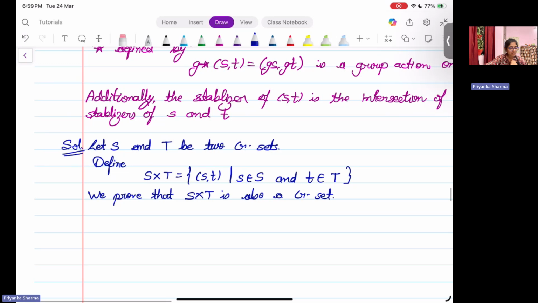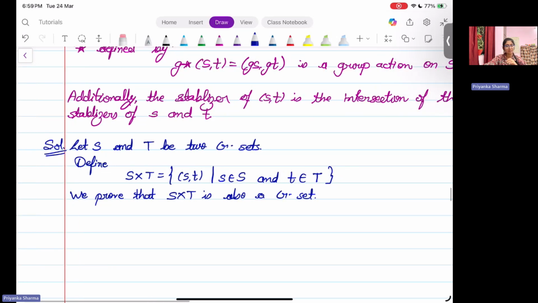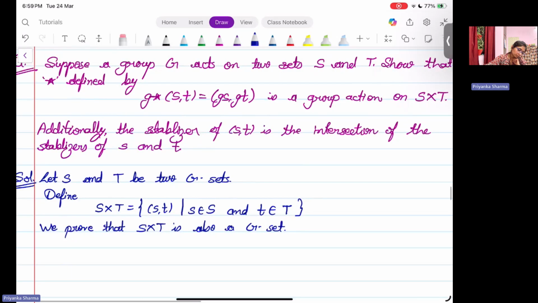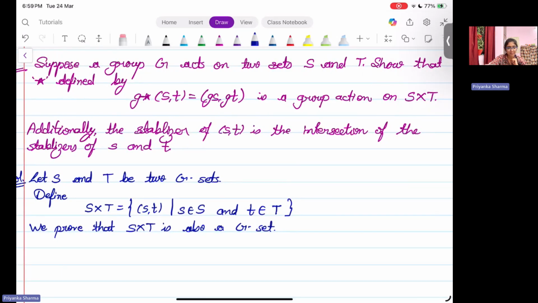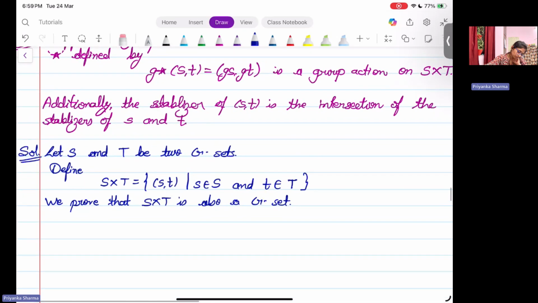If this is a G set, then obviously the group G is acting on S cross T. That is, we need to find a group action this time. So what will be the group action? The group action is defined by the map star, and under this definition we'll prove that S cross T is a G set. So let's do it.